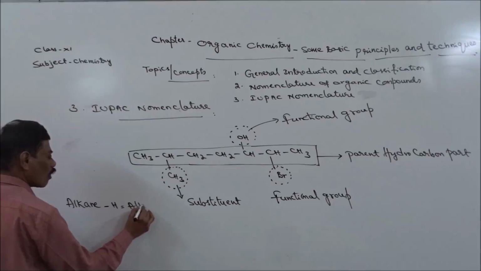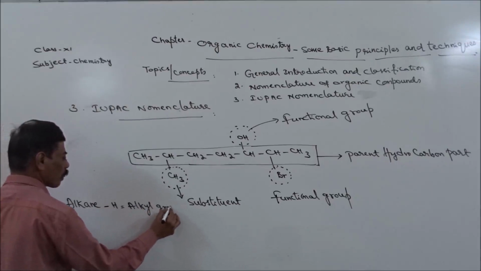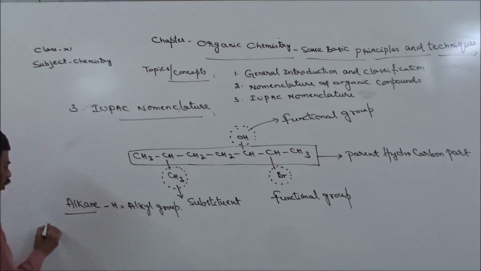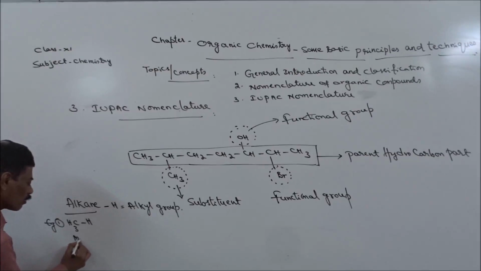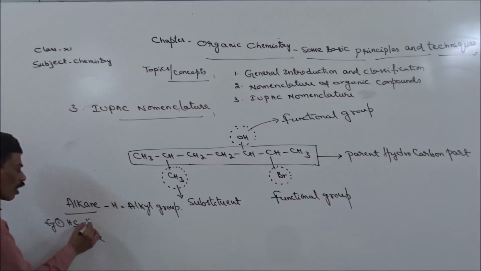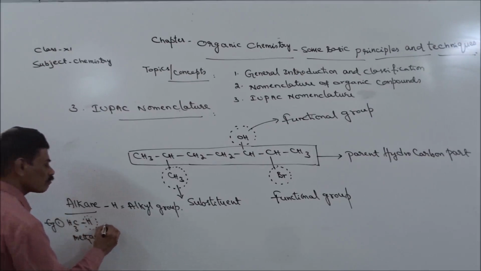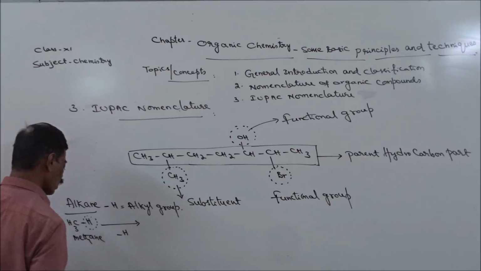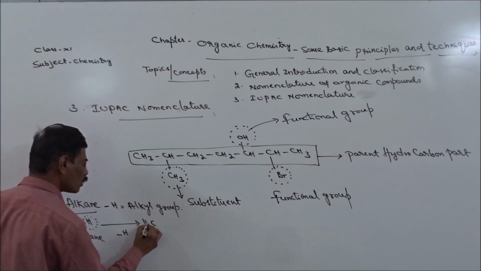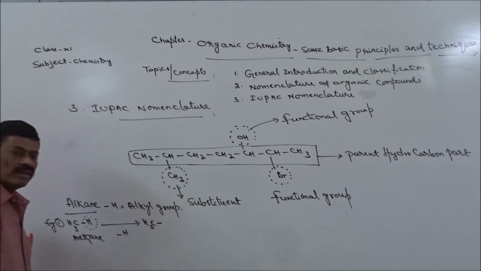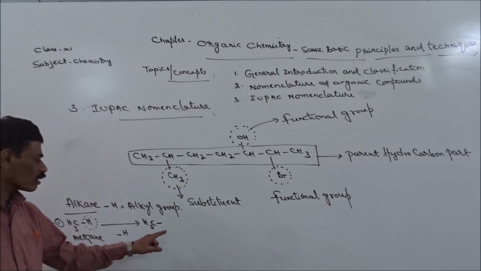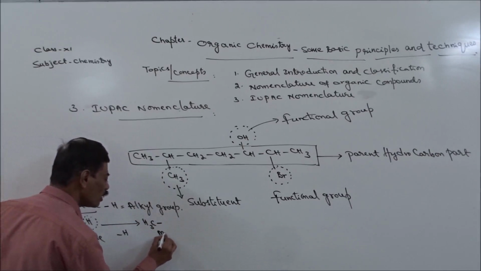Then we will get alkyl group. Now let us see an example. CH3H. This is nothing but methane. Now I will remove this hydrogen atom. As a result, I will get methyl group CH3 and one bond will be there, meaning any atom with valence 1 can be attached to this.